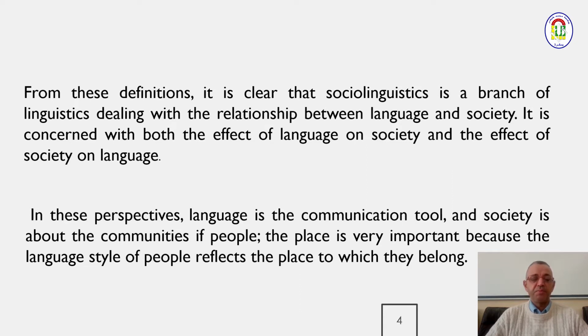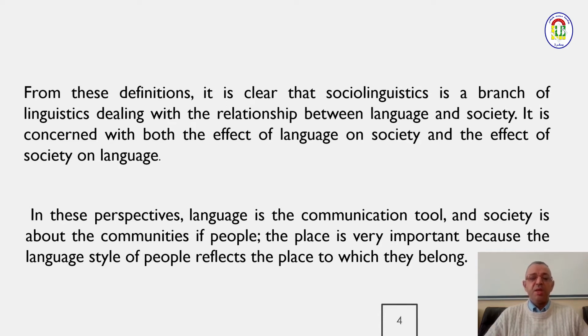The place is very important because the language style of people reflects the place to which they belong. Overall, we can say that social linguistics is the relationship between, on one hand, language, and on the other, society. It studies the effect of language on society and the effect of society on language.